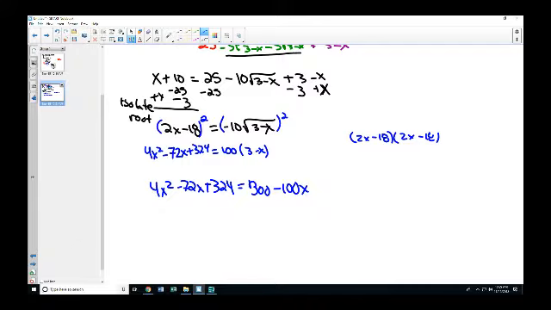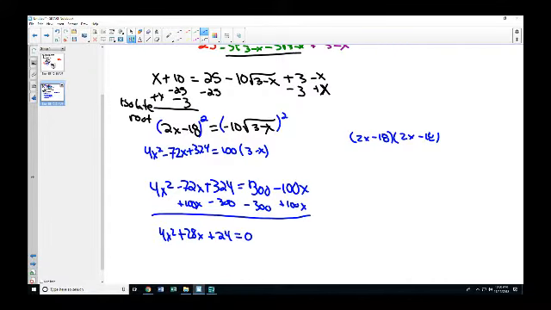All right, so we have some numbers to move. Yeah, they're long, it's okay. 4x squared plus 20x plus 20x. There you go, you set it to 0 now.